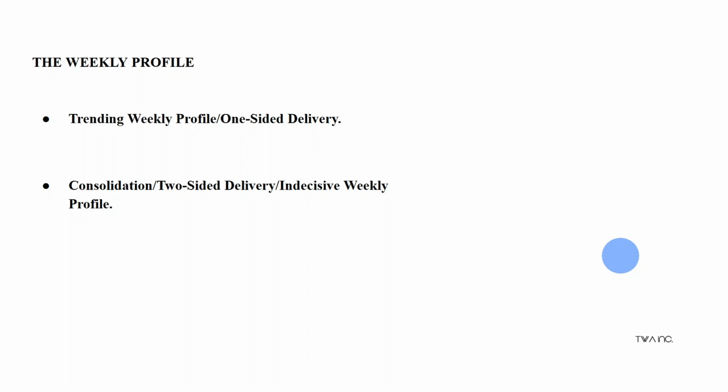Now, a two-sided delivery would be something where, probably in the early portion of the week, the market is trading in a particular direction. Maybe from Monday to Tuesday we're seeing the market rally, and Wednesday and Thursday the market declines, and Friday the market is reversing. That's a two-sided delivery.